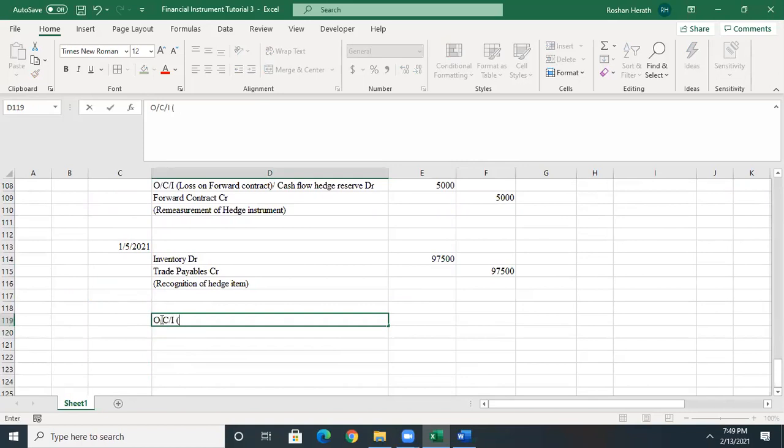It's about the gain on forward contract. Or even you can say the cash flow hedge reserve. Cash flow hedge reserve credit.